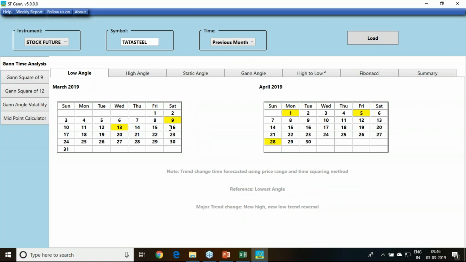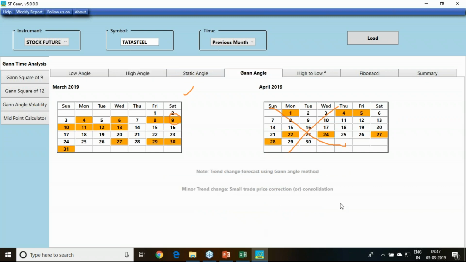Low angle trend reversal is going to show on the 9th and the 13th. April month you ignore. We are giving 2 months, the calculations are coming, so that once this month ends, this will fill with the new data. But this you ignore. So 9th and 13th as per the low angle, trend reversal will happen. High angle, we are getting 24th and 23rd.